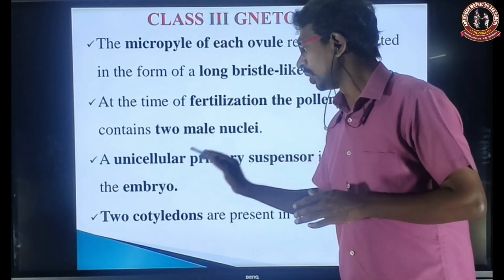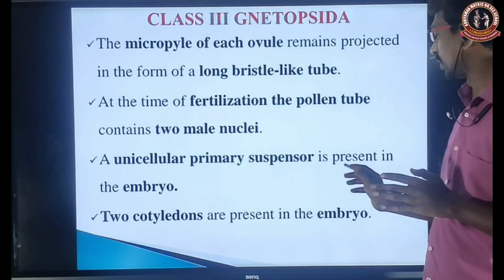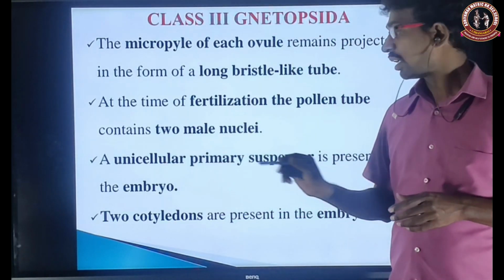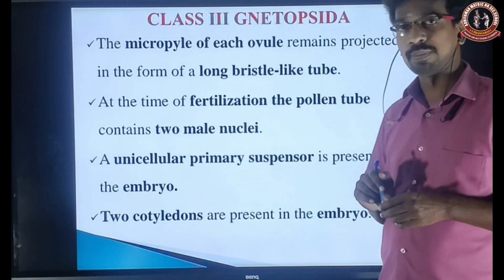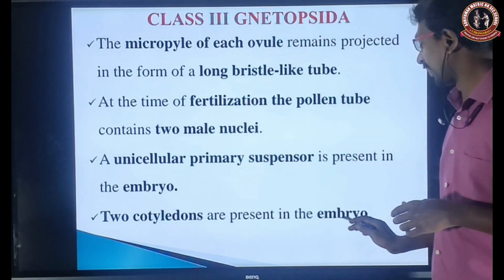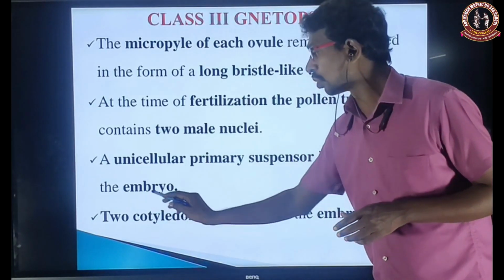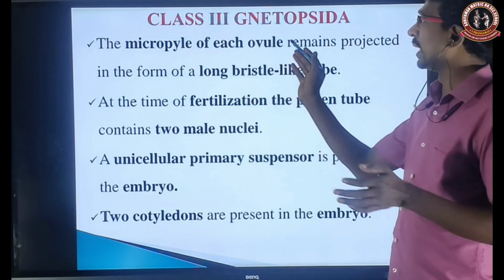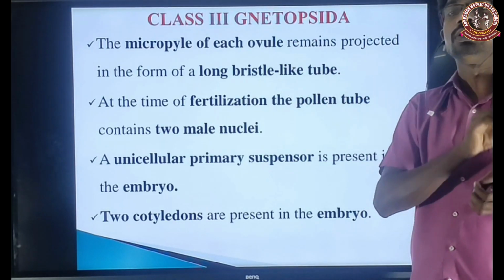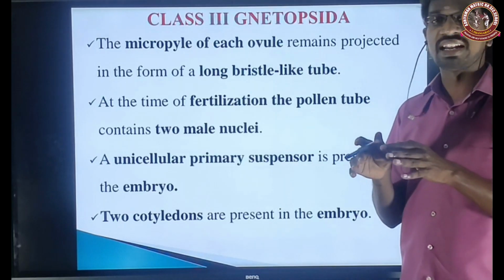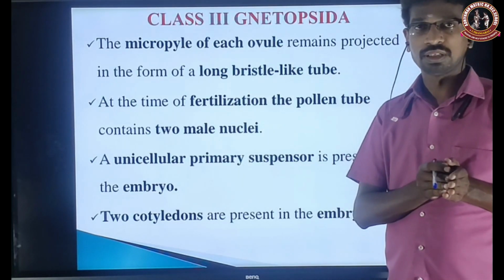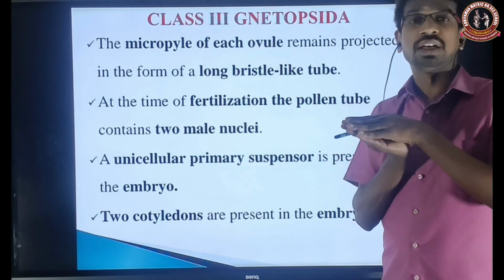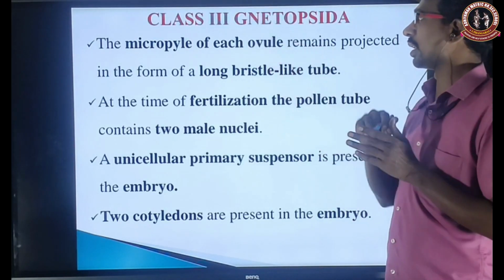A unicellular primary suspensor is present in the embryo, and 2 cotyledons are present, which resembles angiosperms. So Gnetopsida is generally called a primitive angiosperm. Most of the characters resemble angiosperms, and angiosperms evolved from Gnetopsida.